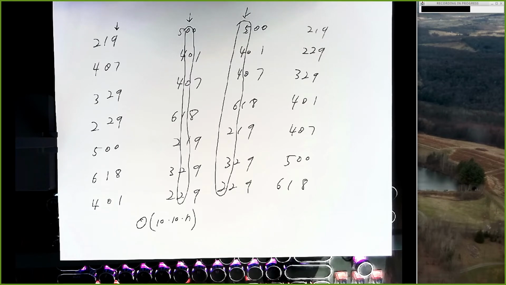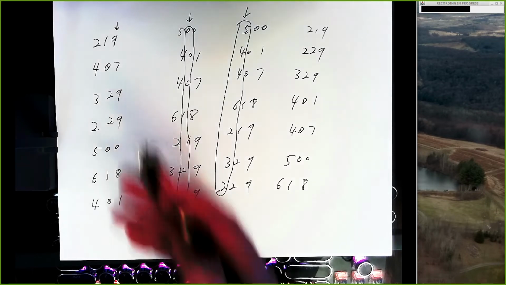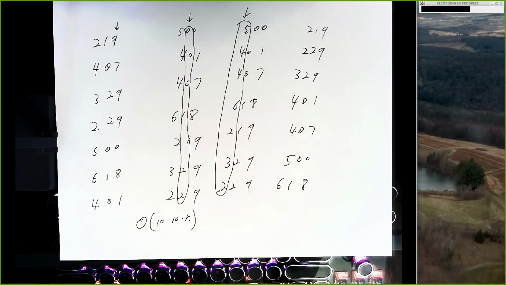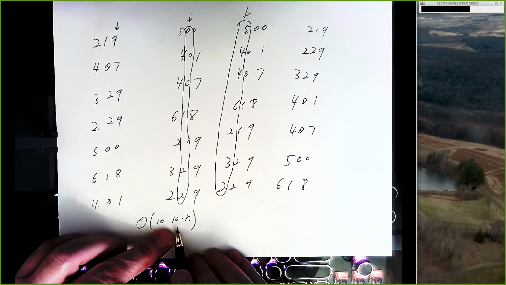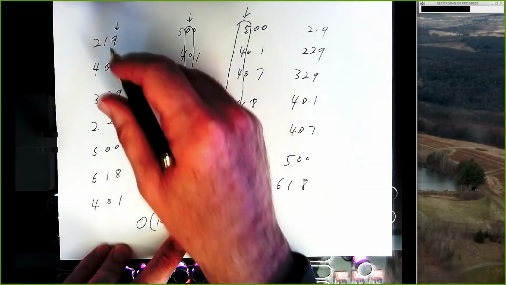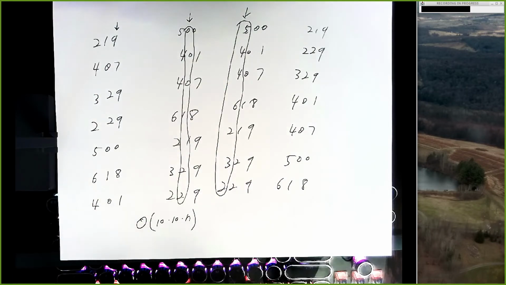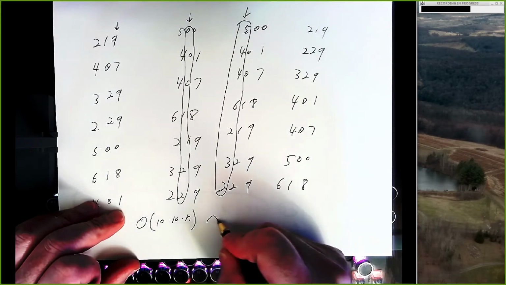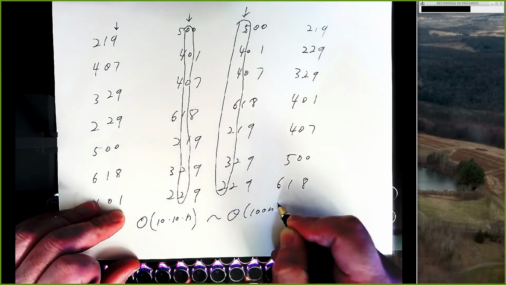Maybe I'm overthinking it. Well, I'm thinking worst case, like if you had 10-digit numbers. Right. You do 10 digits, and for each digit you do 10 passes, and for each pass you look at all n numbers. Oh, okay. Right, so this would be, you know, order 100n.